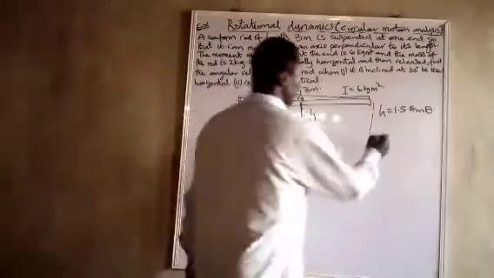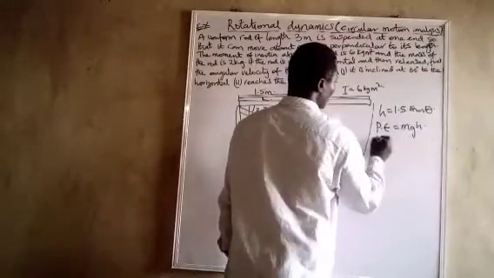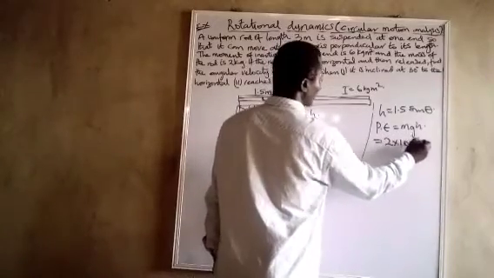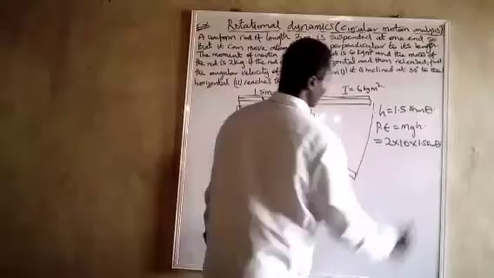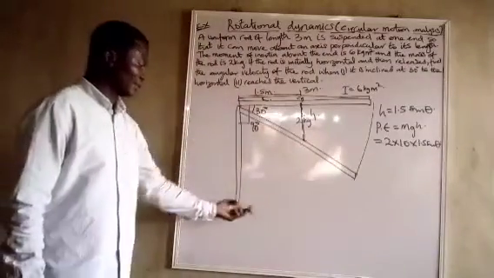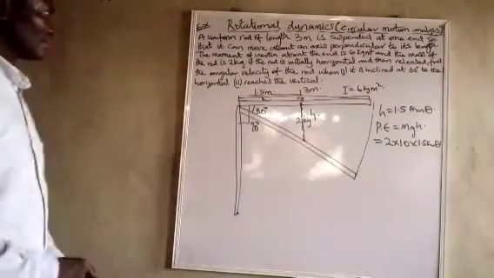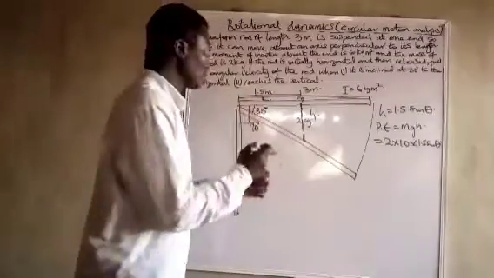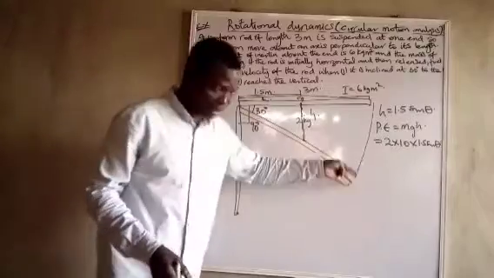And the PE, potential energy, will be equal to mgh, which is 2 times 10 times 1.5 sine theta, because h varies directly with the sine of the angle. Now, when it gets to this point, it has both translational and rotational energy.